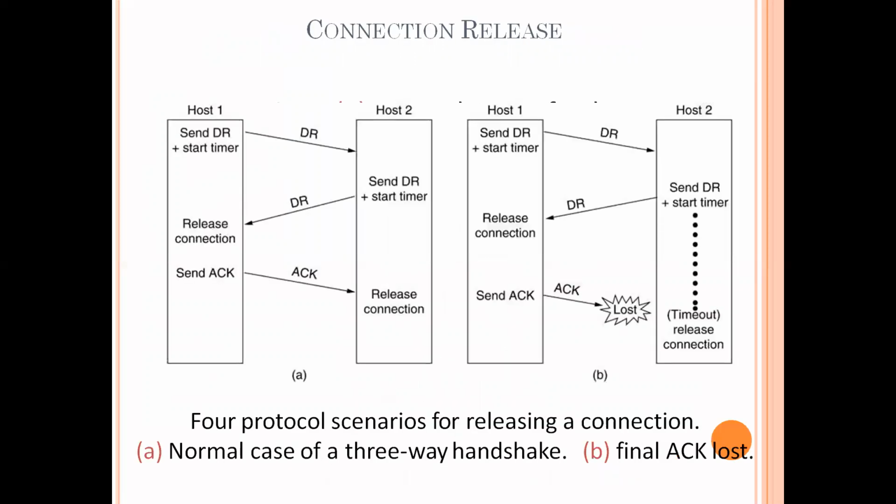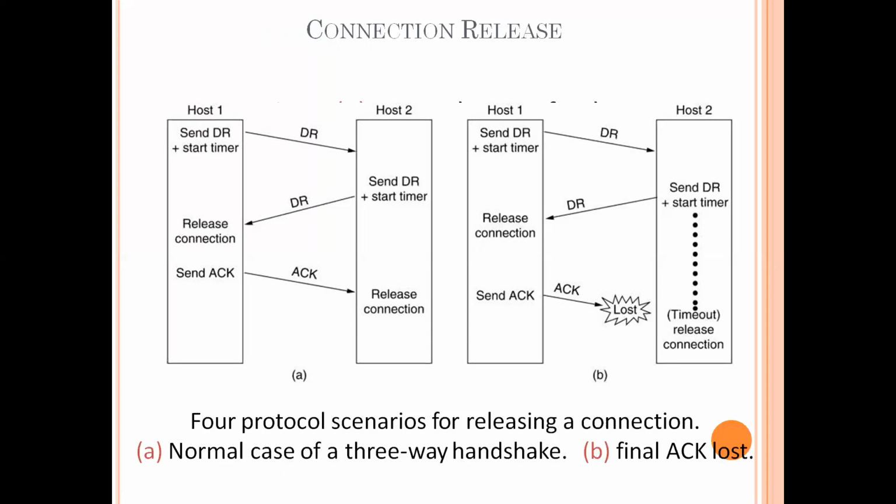A more sophisticated release protocol is needed to avoid data loss, which is to use symmetric release, in which each direction is released independently of the other one. Here, a host can continue to receive data even after it has sent a disconnect, that is, a transport protocol data unit.